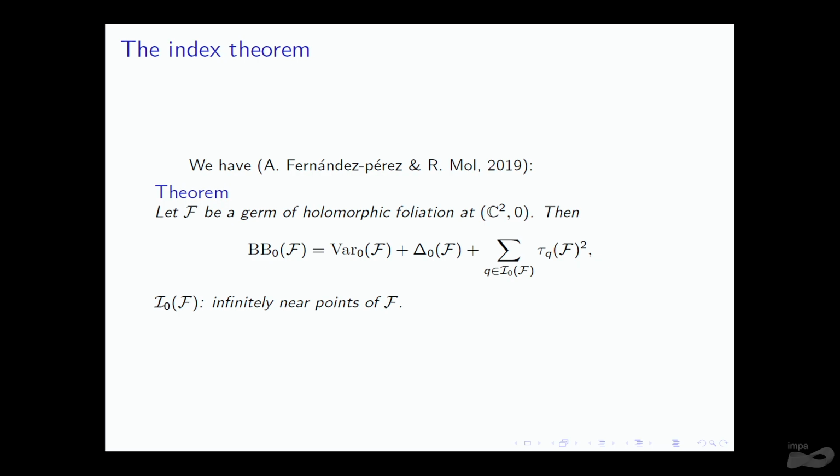Then the Baum-Bott index equals the total variation index plus the total delta index, plus a correction term, which is the sum of the squares of those taus, the excess of tangencies, the invariant that counts the tangent saddle nodes along the infinite linear points of F.